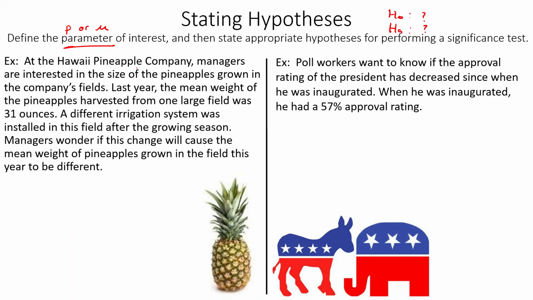All right, so at the Hawaii Pineapple Company, managers are interested in the size of the pineapples grown in the company's fields. Last year, the mean weight of the pineapples harvested from one large field was 31 ounces. A different irrigation system was installed in the field after the growing season. Managers wonder if this change will cause the mean weight of the pineapples grown in the field this year to be different. All right, so it looks like we're talking about mean. We didn't have any percents, but we did talk about mean.